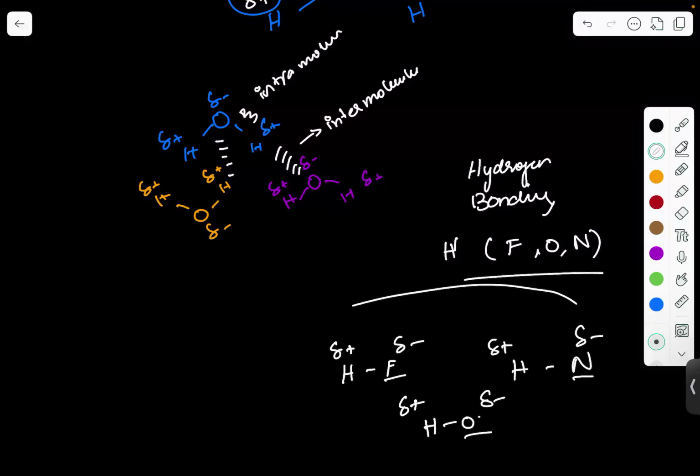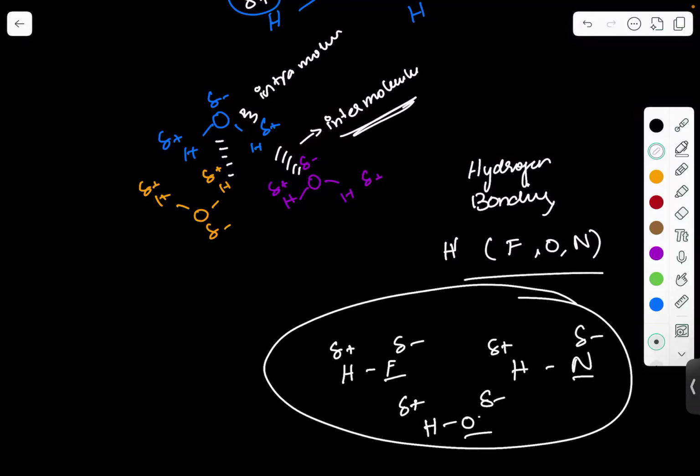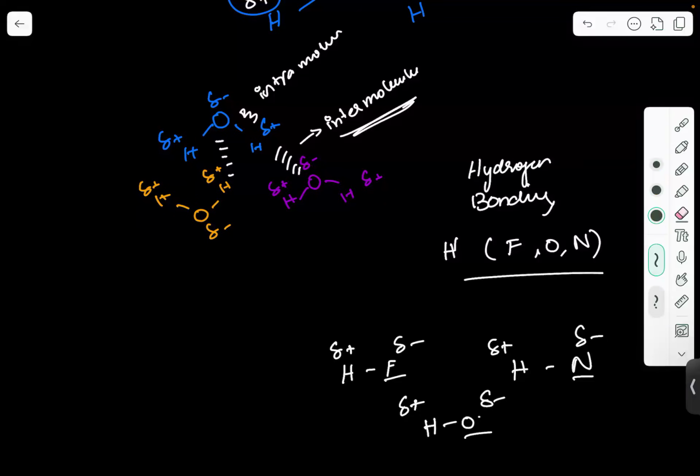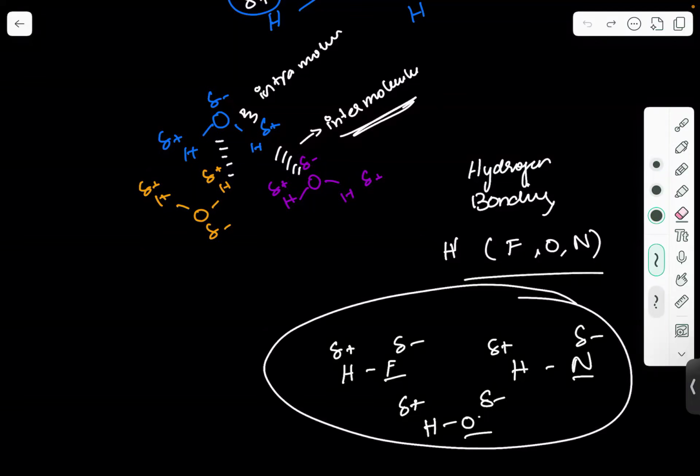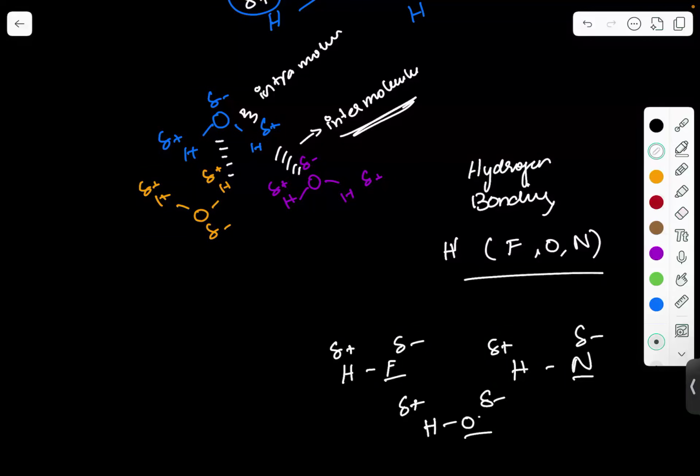And these partial charges lead to the creation of these intermolecular forces. It's very simple, actually. This is hydrogen bonding. This is your hydrogen bonding, and this is a phenomenon of hydrogen bonding.